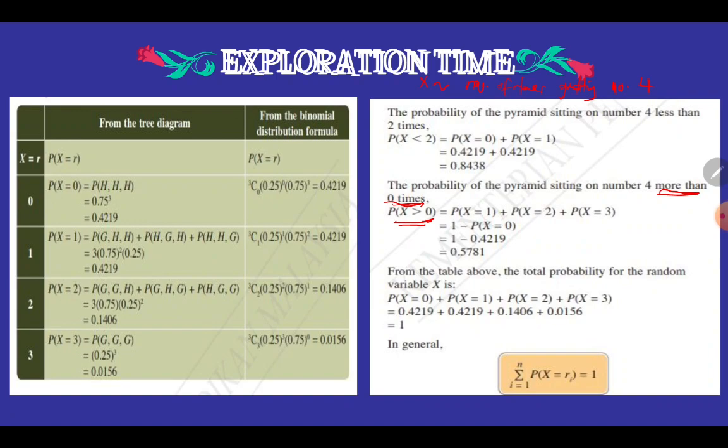We just use the value of P(x equals 0) because it's easier compared to finding all the values of x equals 1, 2 and 3. The answer is also the same, which is 0.5781.